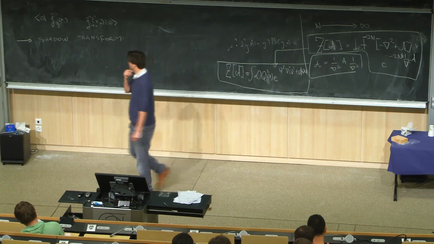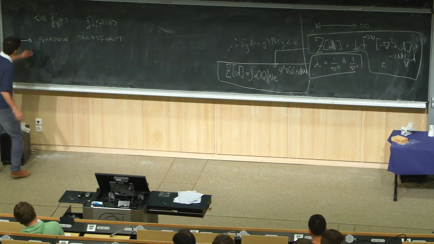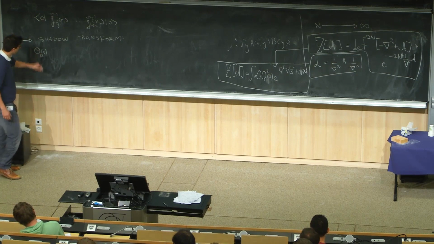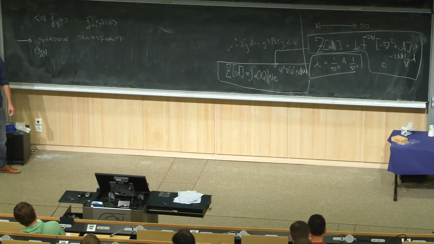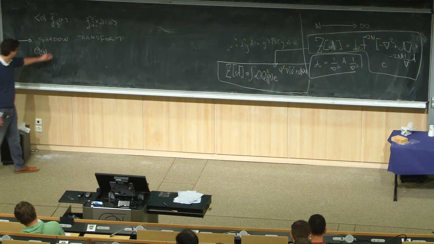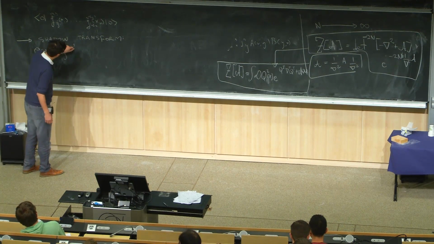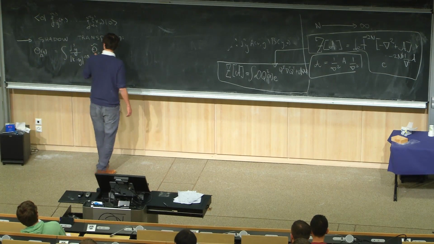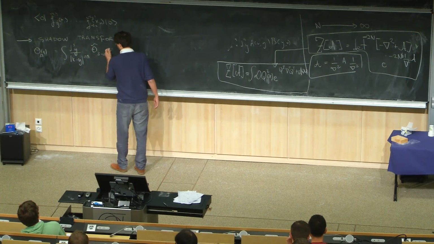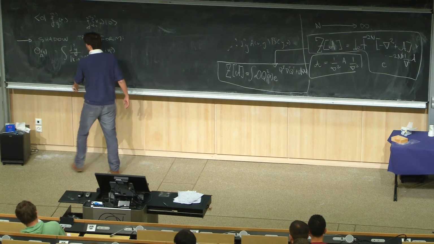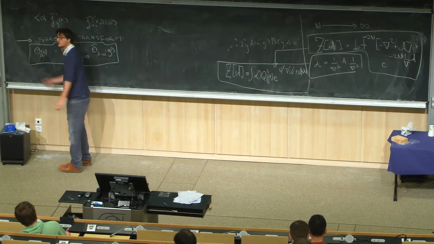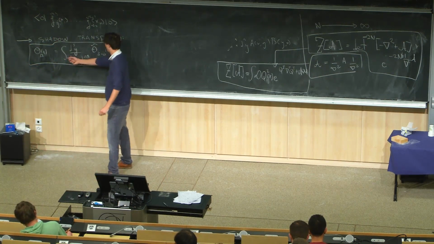So let me give you a little bit of information about that. Given an operator that transforms like a conformal primary of weight delta, I can calculate its shadow transform. And the transform is a non-local operation you can do to the operator, and it maps the operator to a new operator that behaves as if it was a local operator as well, because it's labeled by a single point x.